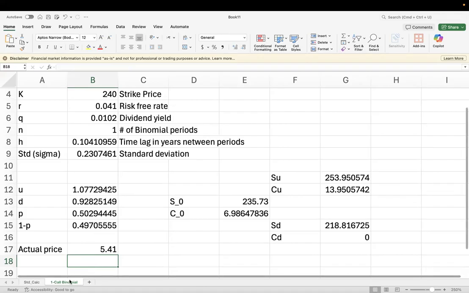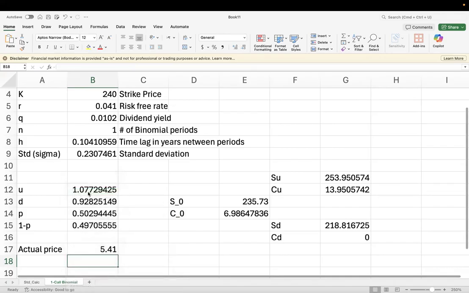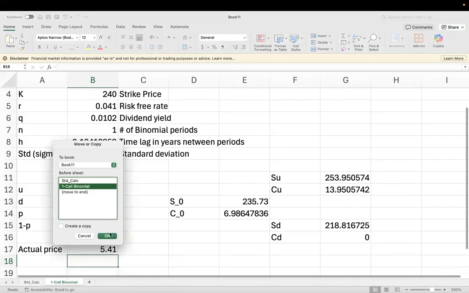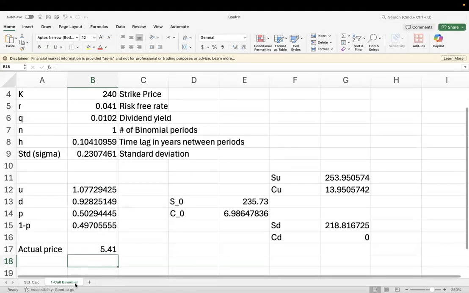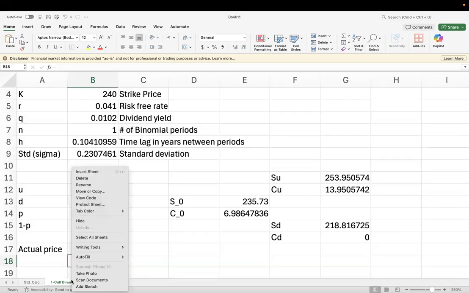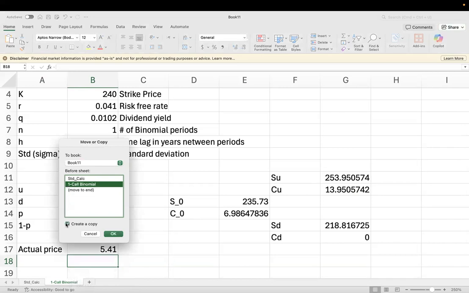Now let's move to the two-period binomial model. I'm going to just copy this. Oops, what happened? Move or copy, create a copy.